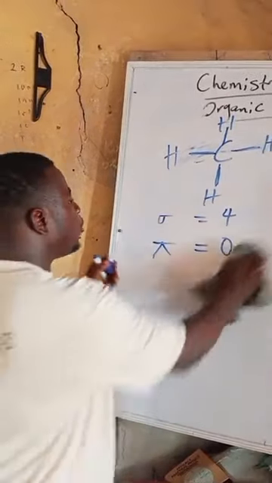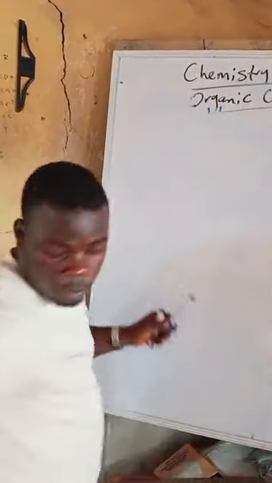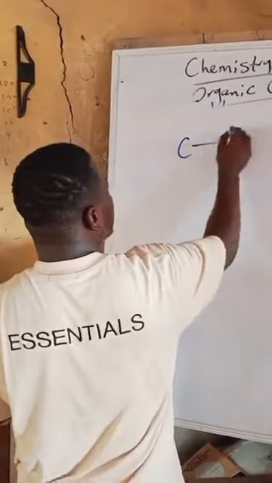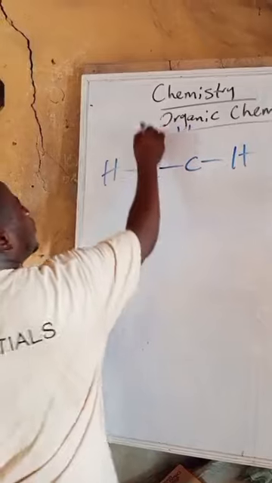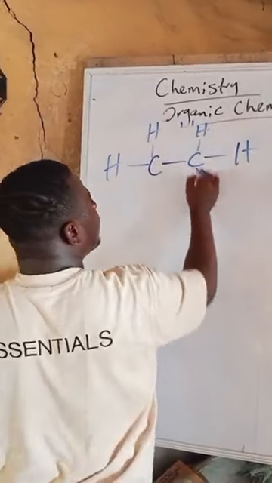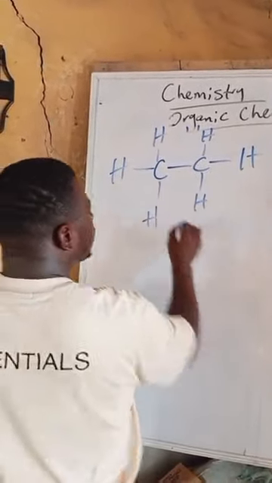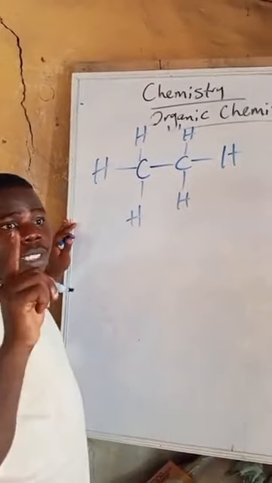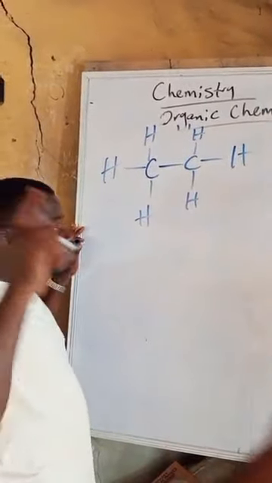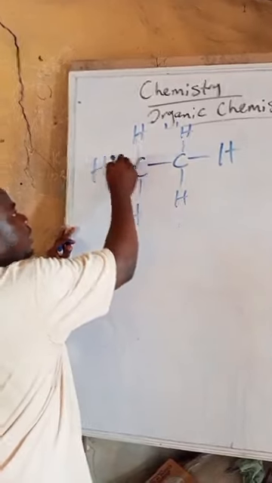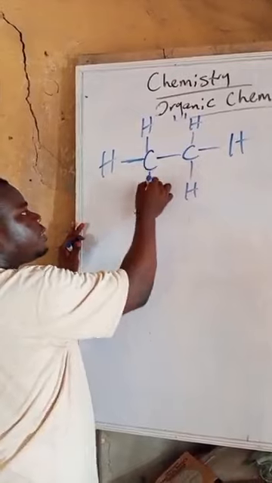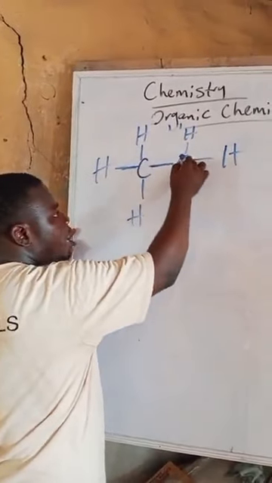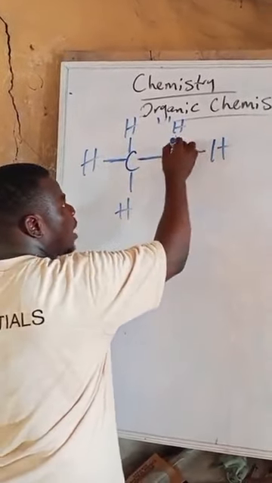Let's take another example. So for example, if we are asked to number the sigma bonds that are here, how do we go about it? One bond is equivalent to a sigma bond. So we have 1, 2, 3, 4, 5, 6, and we have 7.